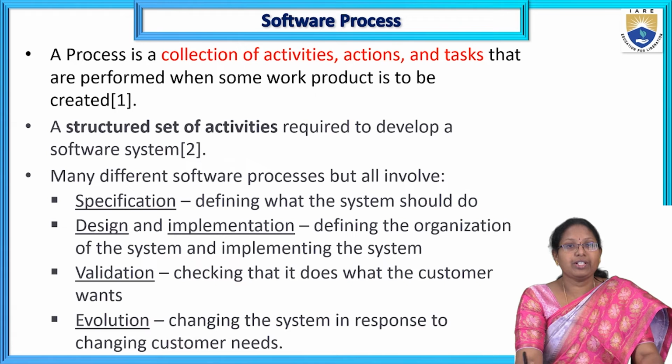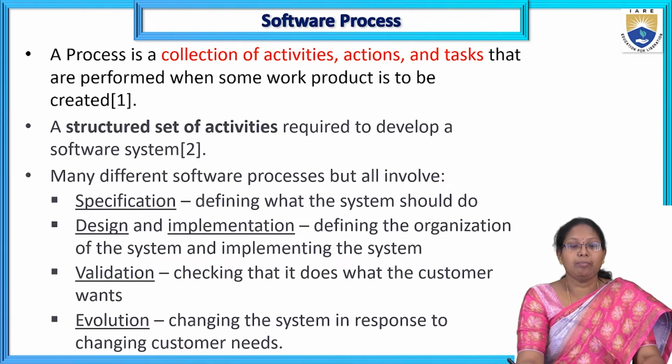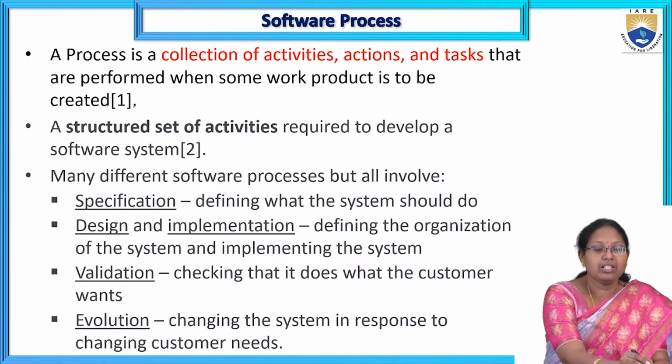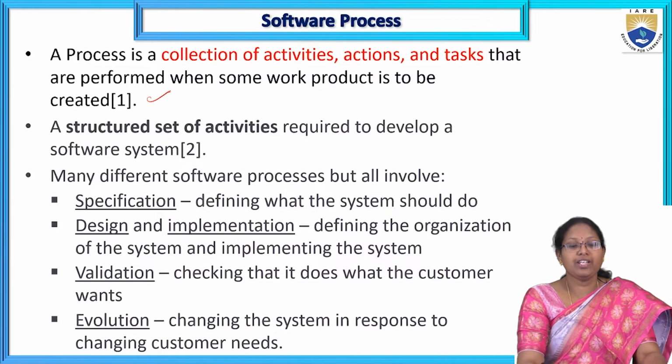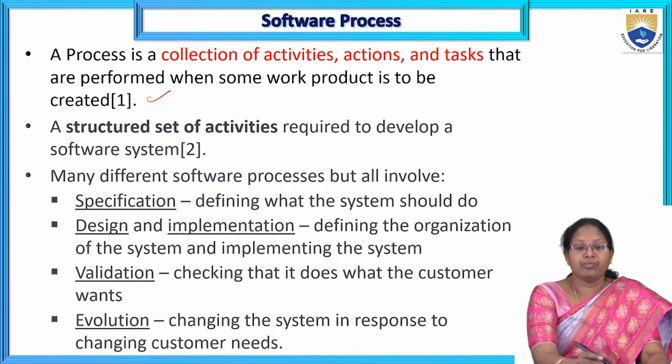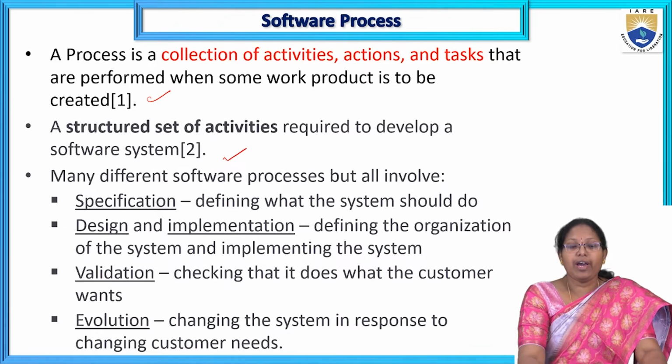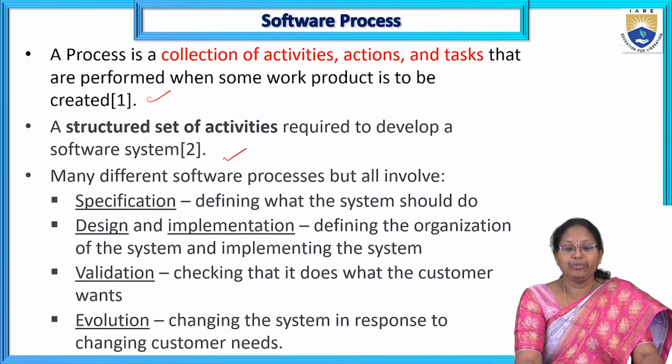So first, what is a process? A process is a collection of activities, actions and tasks that are performed when some work product is to be created. Generally, a structured set of activities is required to develop a software system.